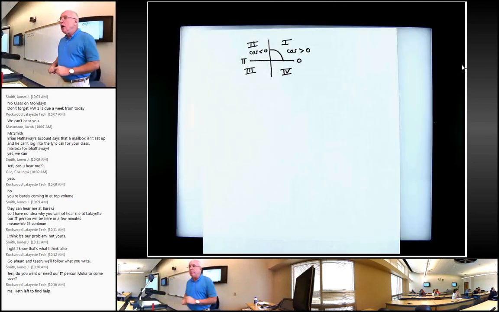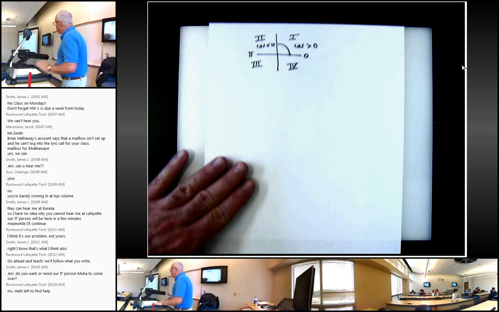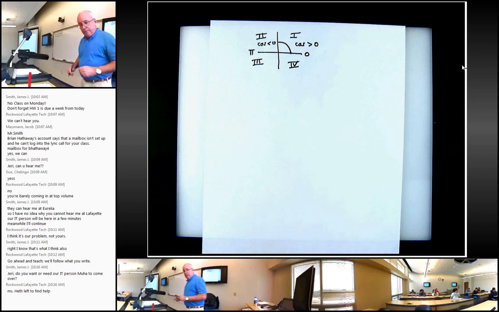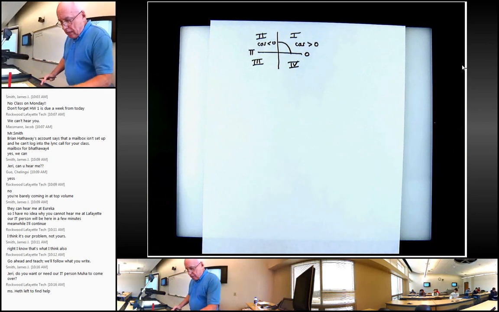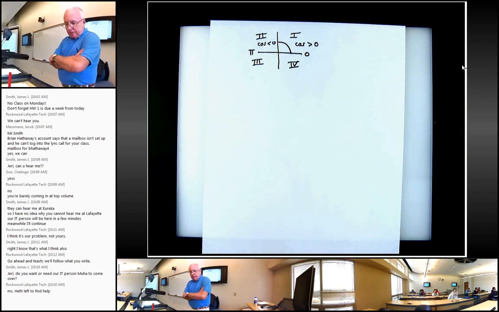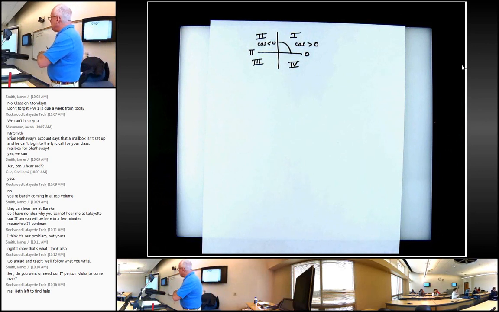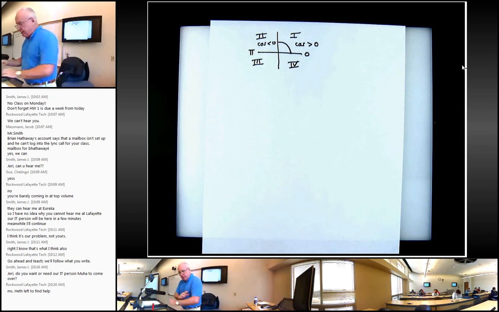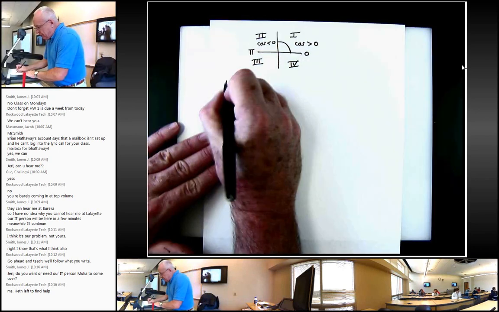All right. So if we end up with a dot product that's negative, then we have an angle that's between 90 degrees and 180 degrees.